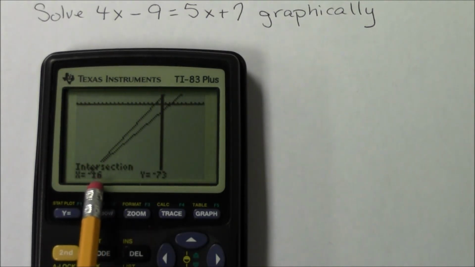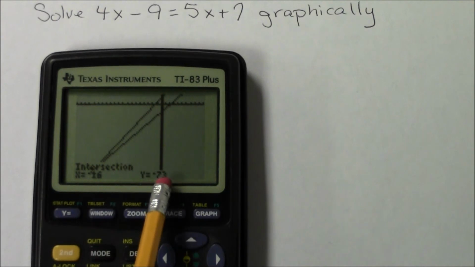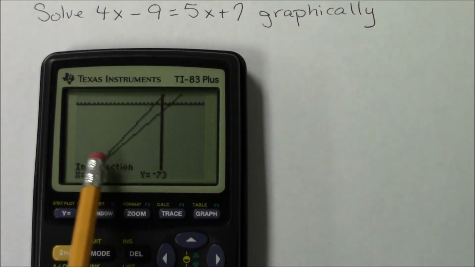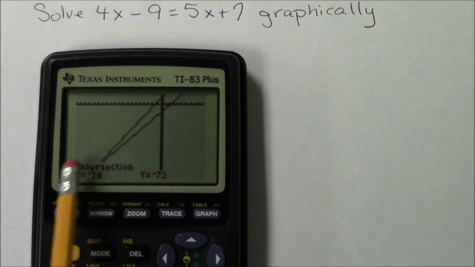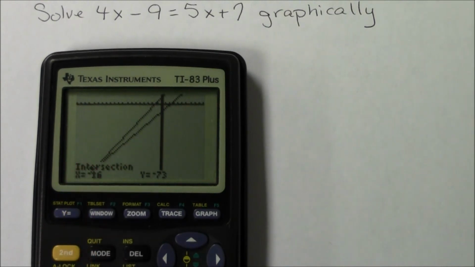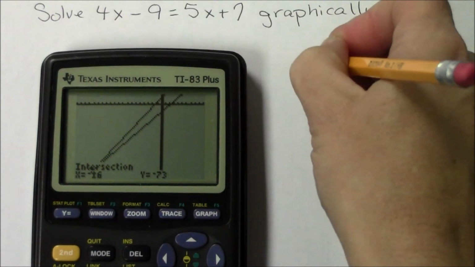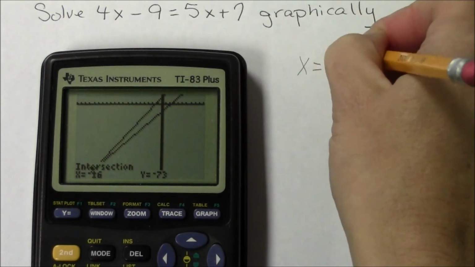And you see that the intersection is at -16, -73. You ignore the y, the x is your actual answer. So the answer to this question is x equals -16.